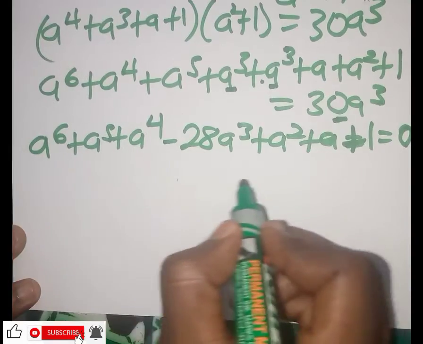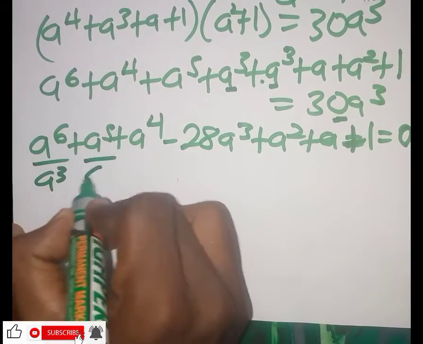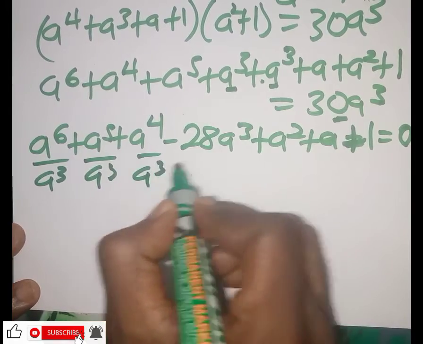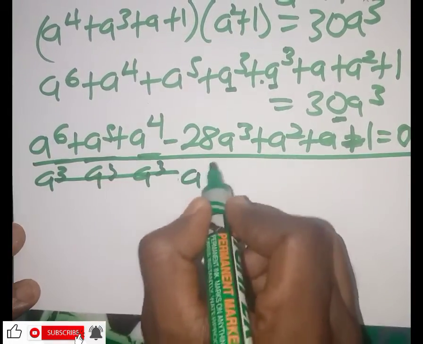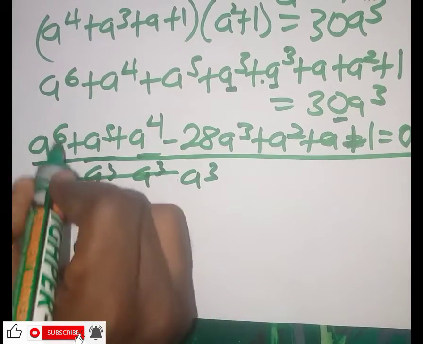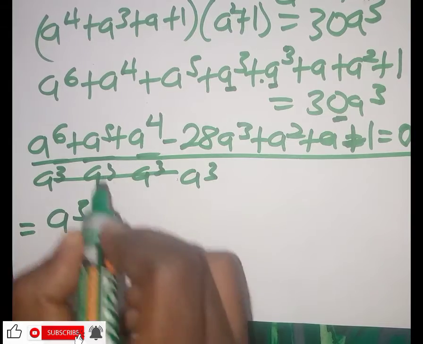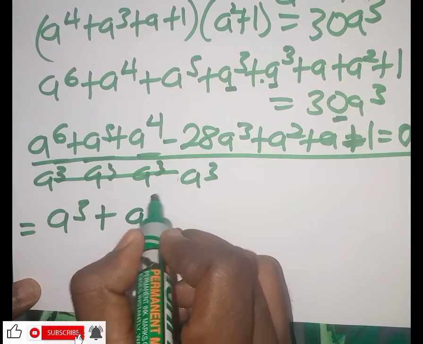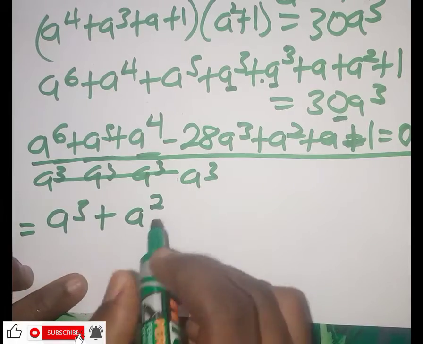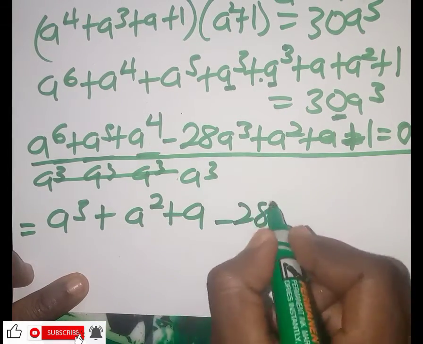Now dividing all sides by the middle term a cube, let's do it this way, dividing everything here by a cube. You realize that this is just going to be left with a cube, plus this side will be left with a squared, plus a, and this part will be left with minus 28.